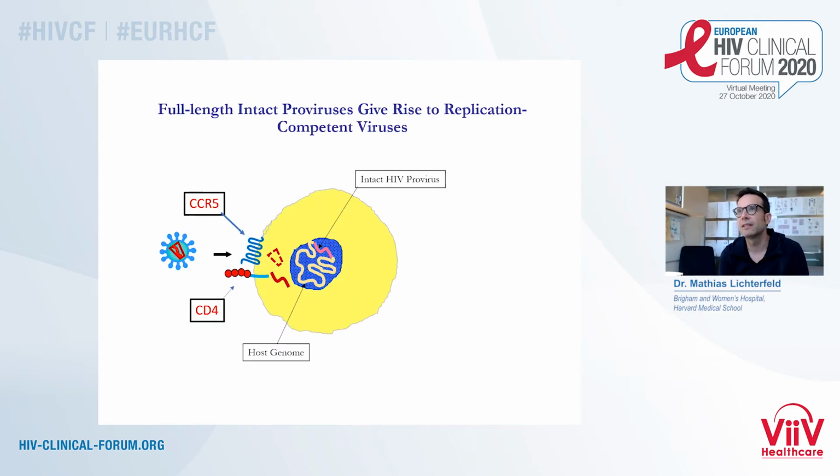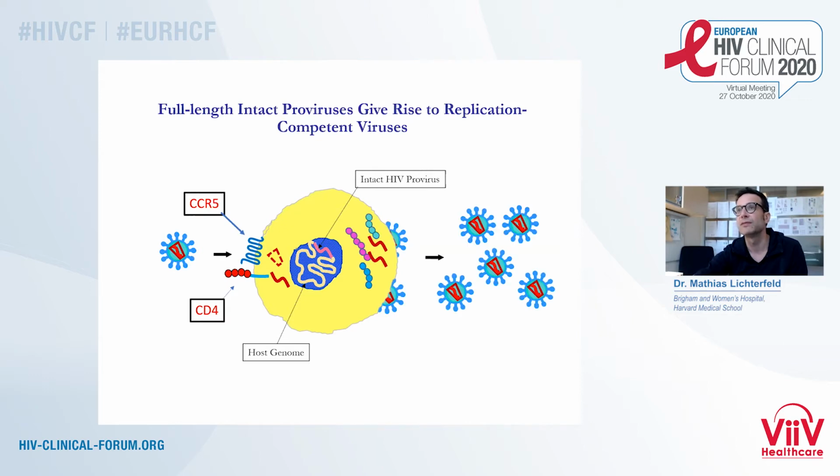So analyzing these reservoir cells is quite difficult, actually, for a number of different reasons. One of the reasons is that we have to make very fine distinctions between intact HIV proviruses and defective proviruses. So here on this slide, you see an intact provirus, but in fact, the vast majority of proviruses are defective.